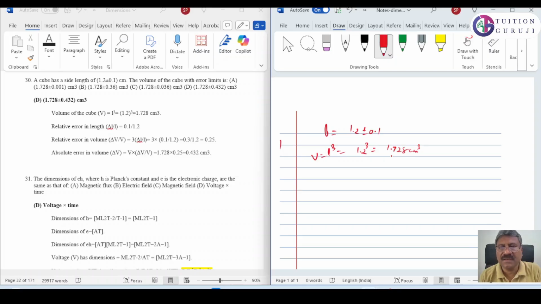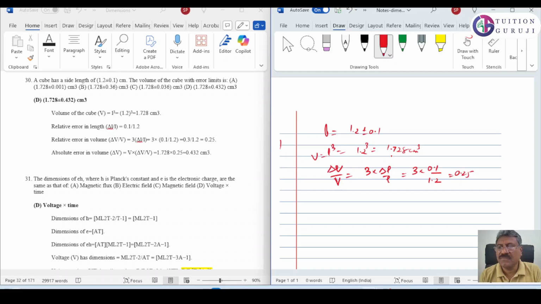Now, the relative error is delta L by L. So the relative error of the volume, delta V by V, is equal to 3 into delta L by L, as we know. So delta L by L is 0.1 divided by 1.2, which gives 0.25. This is actually delta V by V.